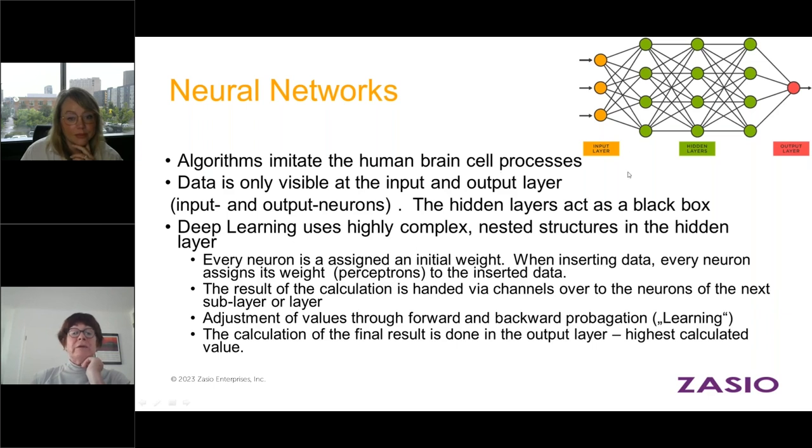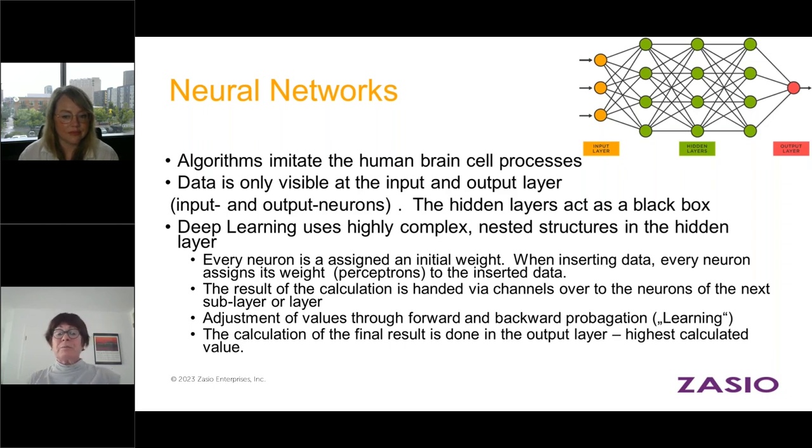So every neuron here is assigned an initial weight, and it assigns the perceptrons a weight to the inserted data, and then the results of the calculations, very complicated calculations back and forth, more or less then assign different weights depending on the importance and the correct answers to that vary. So the importance to the question asked or to the problem that is trying to be resolved here.